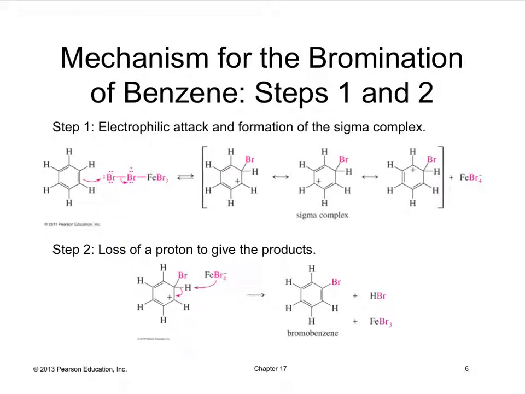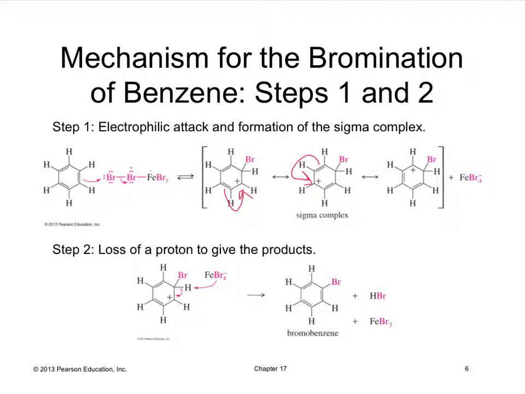So then, if we look at this with the complex involved, after that complex formation, you have electrons attack that bromine, quenching that positive charge, now generating the sigma complex again, where you have resonance stabilization as the electrons move around. Remember to add your brackets and your double-headed arrow, and then your FeBr4 minus.